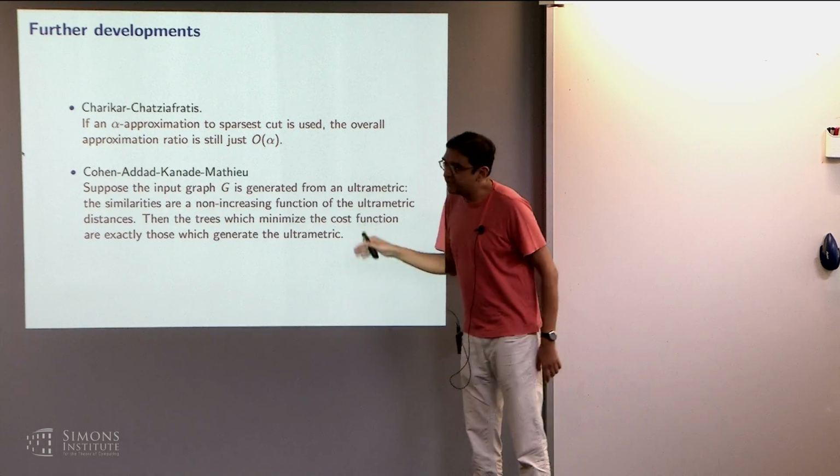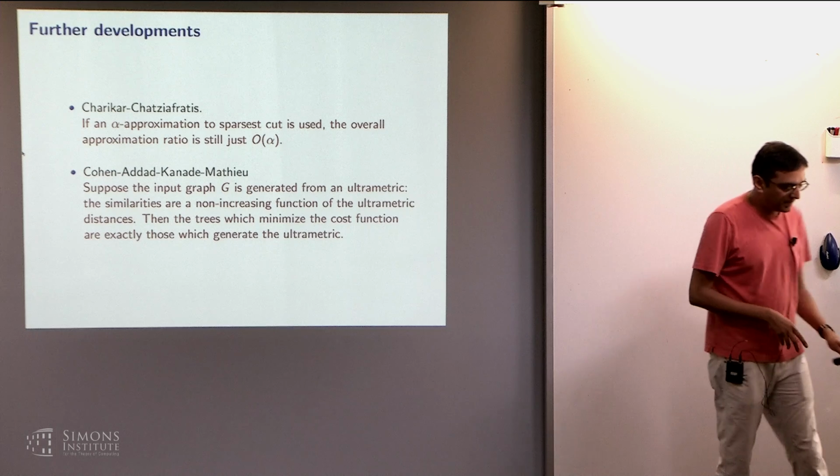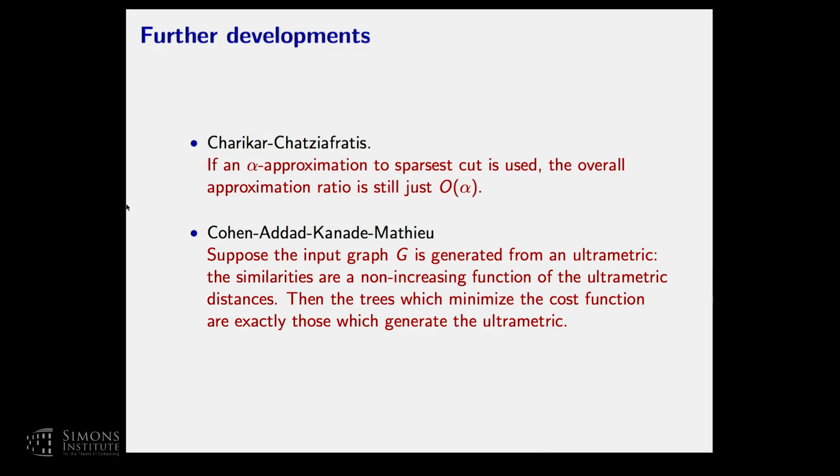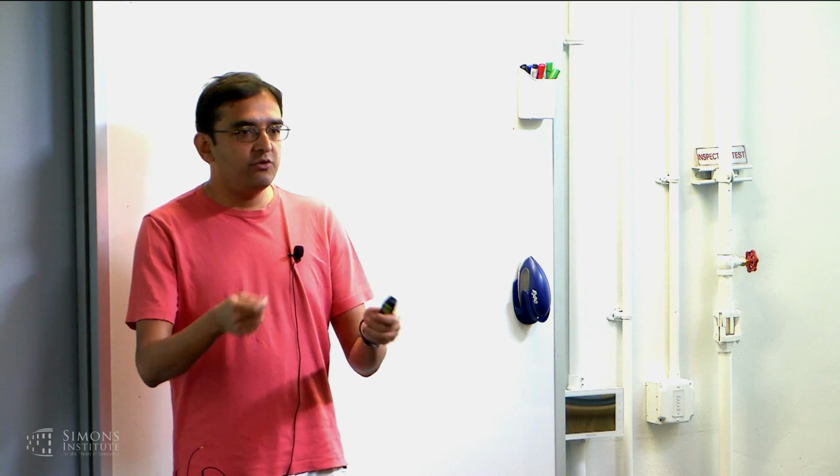And then there's a very interesting result by Varun Kanade, Vincent Cohen-Addad, and Claire Mathieu, which said that, look, in many contexts, like in phylogenetics, a cost function is fine, but we also want some sort of recovery guarantee: there's a tree we want, and we want to make sure we're getting the right tree. So in particular, the sort of metrics that arise in the context of phylogenetics are ultrametrics. Those are the distance functions.